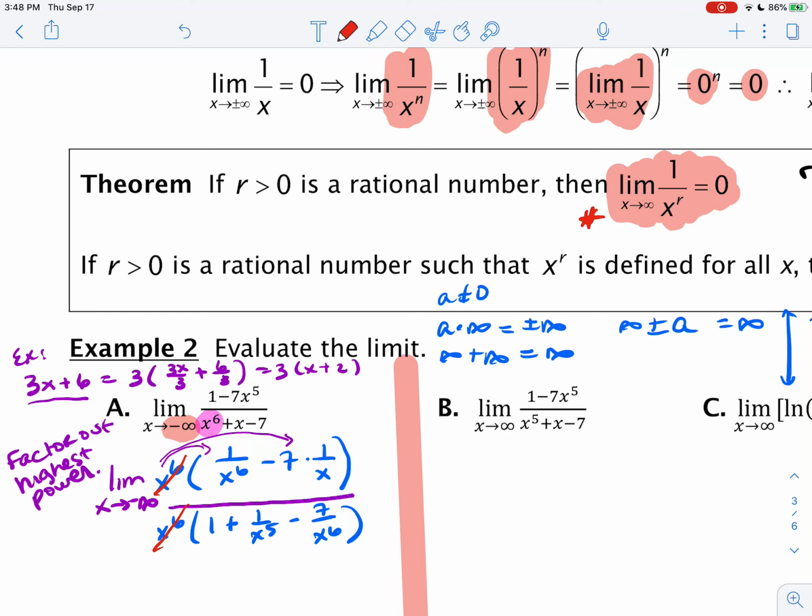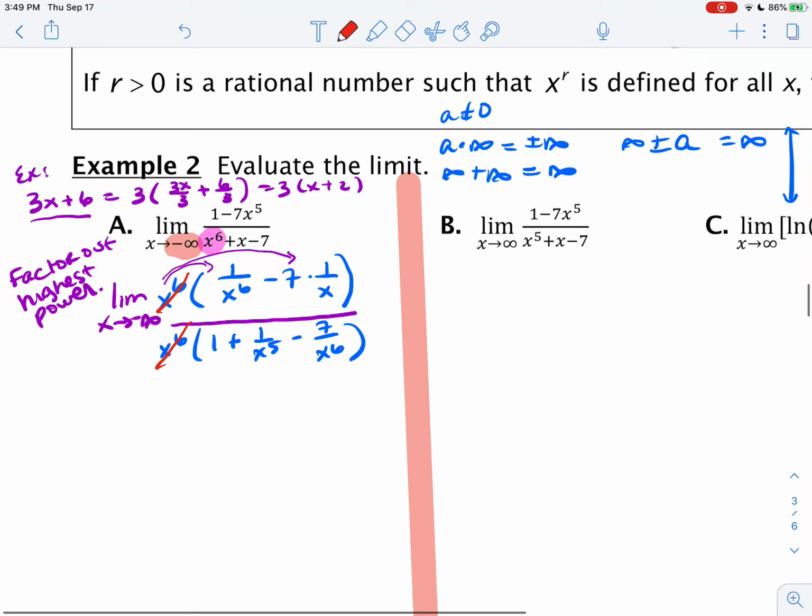The limit as x goes to infinity of 1 over x to the r is going to 0. And the other limit laws that I have: the limit of a constant is a constant. The limit of a constant times a function is the constant times the limit of a function. The limit of a quotient is the quotient of the limit. So I can actually put this limit everywhere into this expression. I don't have to write it out, but I can say that 1 over x to the 6th is going to go to 0.